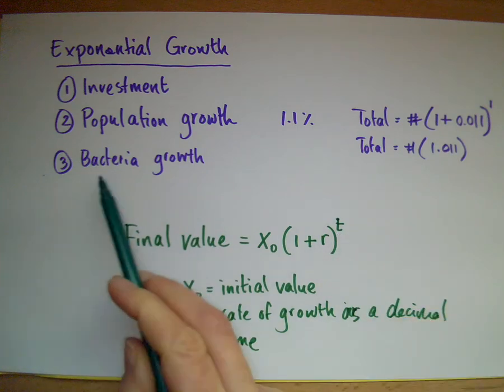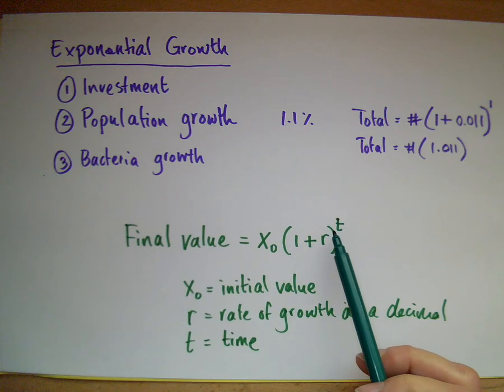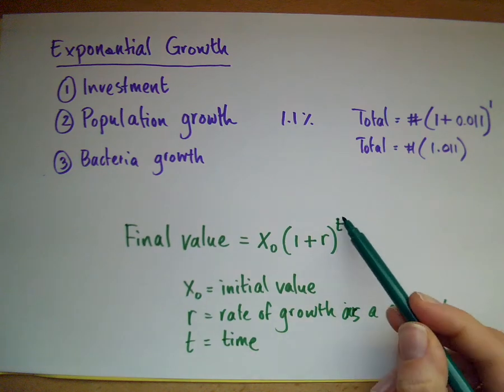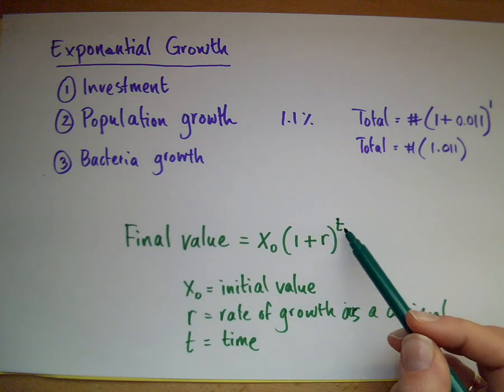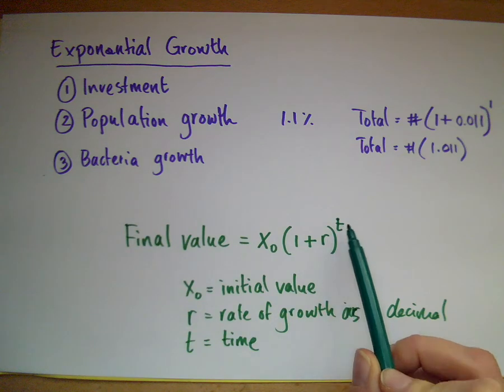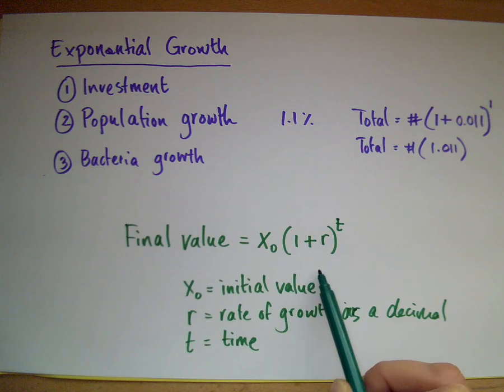Like bacteria, you wouldn't count per year. If you put bacteria in a petri dish and you come back the next day, you're going to see growth already, right? So it's not a matter of years. Time could be in any unit here, right? Just make sure that your rate and your unit of time are the same, right?